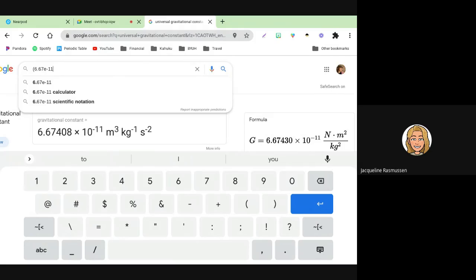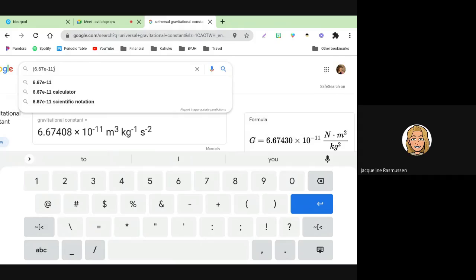E in computer speak stands for times 10 to the. So the times sign, the 10, and the raised sign, you can just replace by a lowercase e, whenever you're working on a calculator like this. So just 6.67 e negative 11 means 6.67 times 10 to the negative 11.